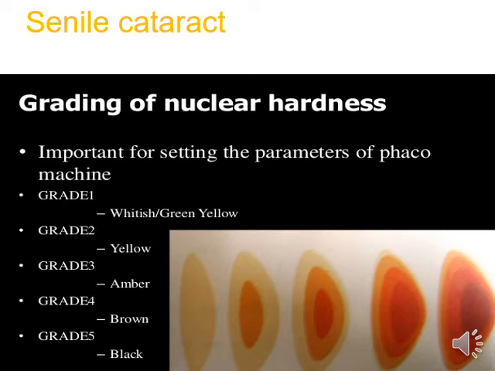With the progress of the cataract, there is an increase in the density of the yellow color, ending in brown or black coloration of the lens. So, nuclear cataract is diagnosed by the color of the opacity.